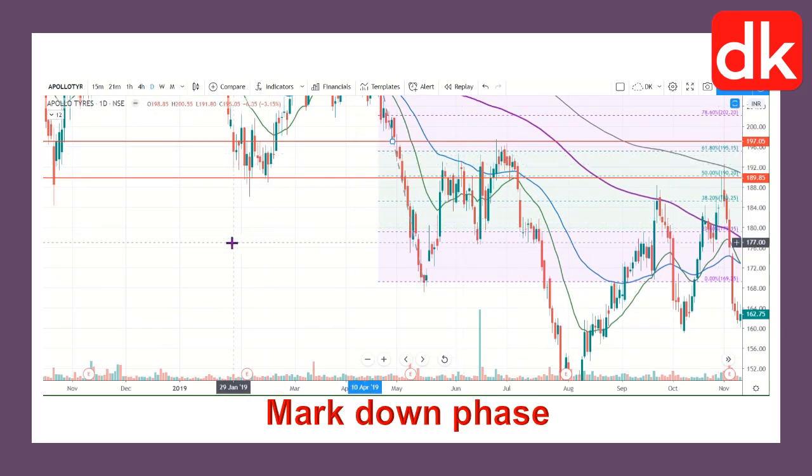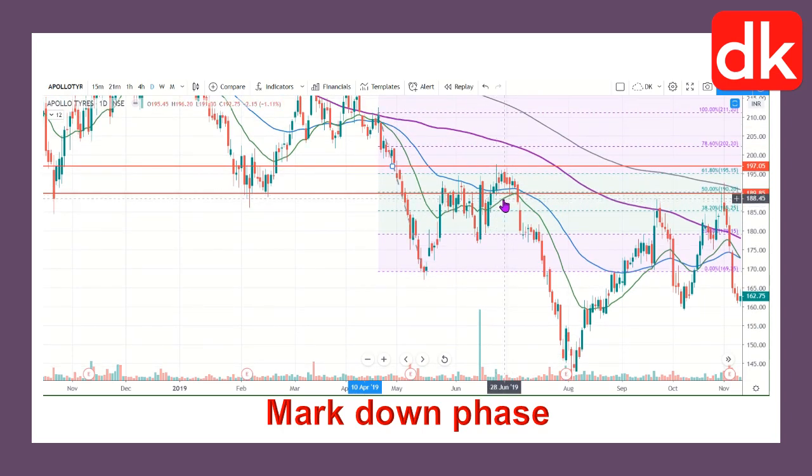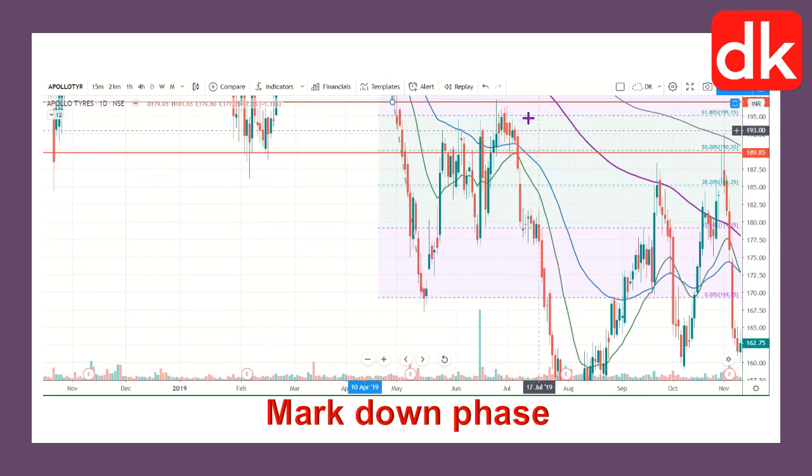So here was a good short selling opportunity. In such market conditions, we can build a strategy where we sell the stock at a higher price and buy back or cover at a lower price. So here it was an opportunity to initiate a short trade once this engulfing candle got formed on the price chart, indicating that a possible resumption of the move towards the prevailing trend is likely to start.